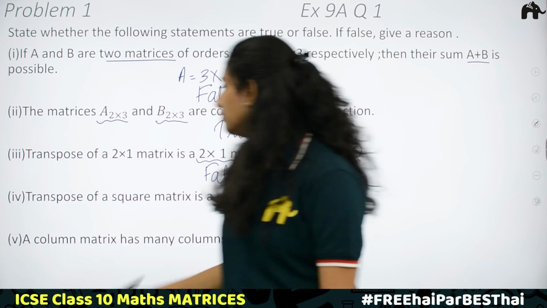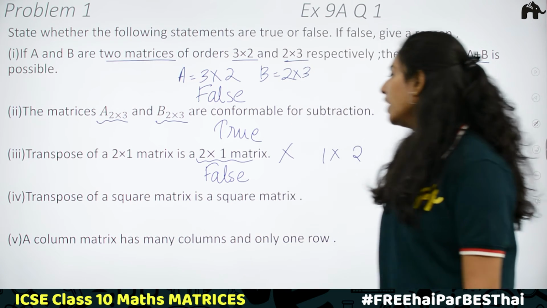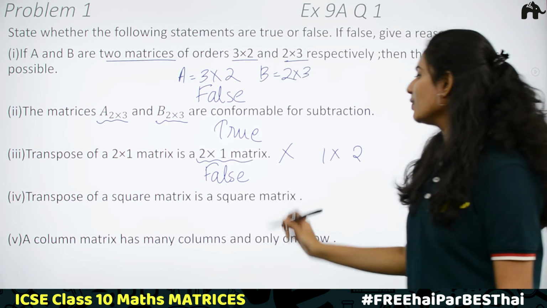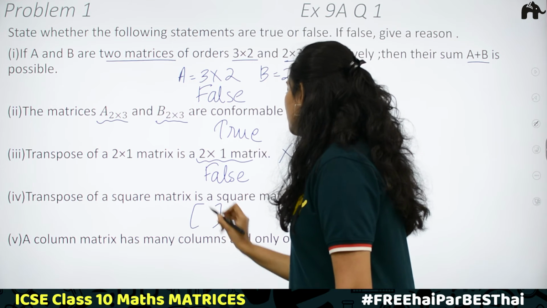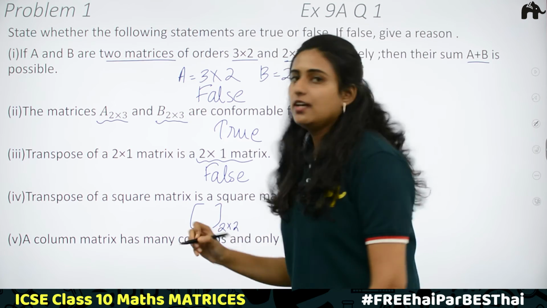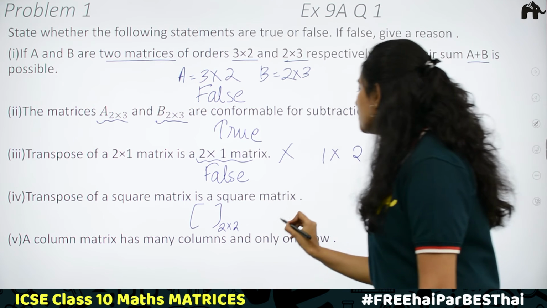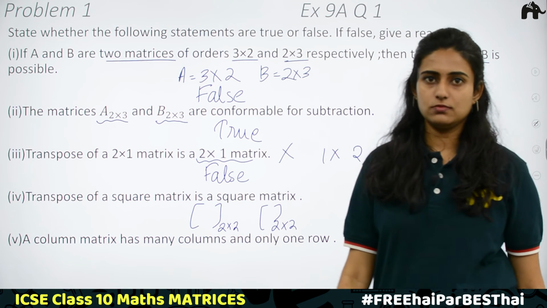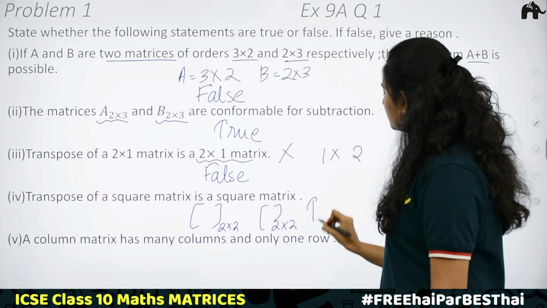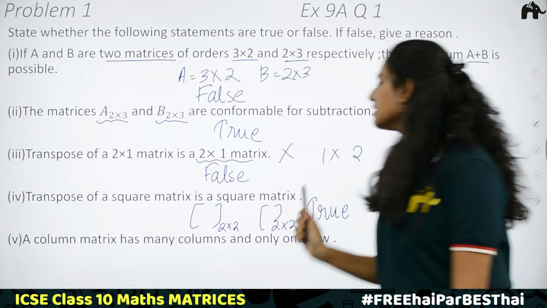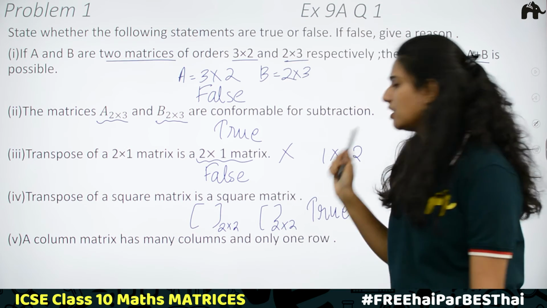Now, the fourth one: transpose of a square matrix is a square matrix. Is that true? Yes. If we take an example, a square matrix of order 2 by 2, then what is the transpose? Transpose will be a square matrix of order 2 by 2, which means the statement is true. Next, a column matrix has many columns and only one row.